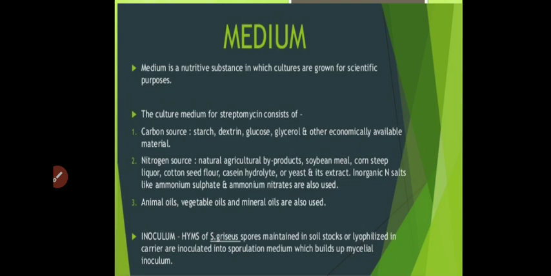Whereas as a nitrogen source, the medium includes natural agricultural byproducts like soybean meal, corn steep liquor, cottonseed flour, casein hydrolysate, or yeast and its extracts.